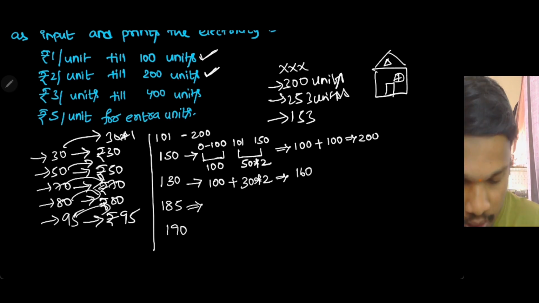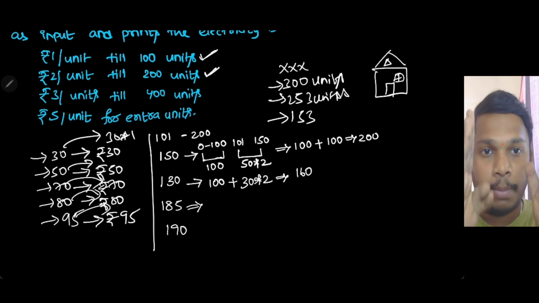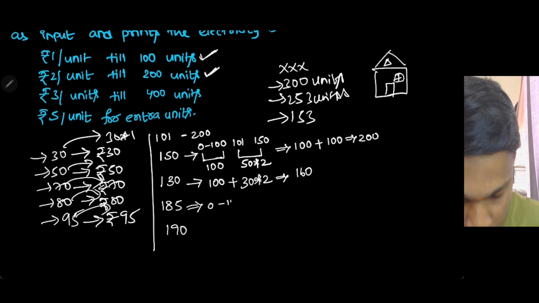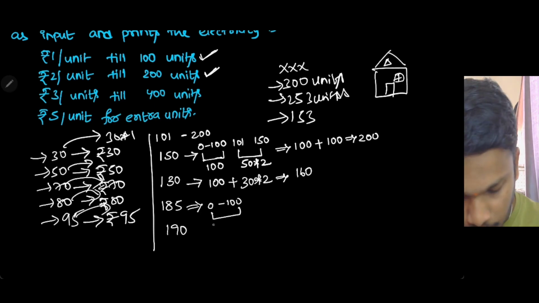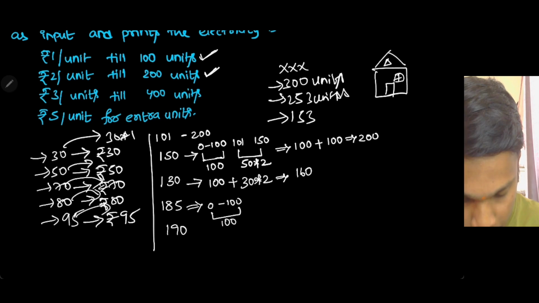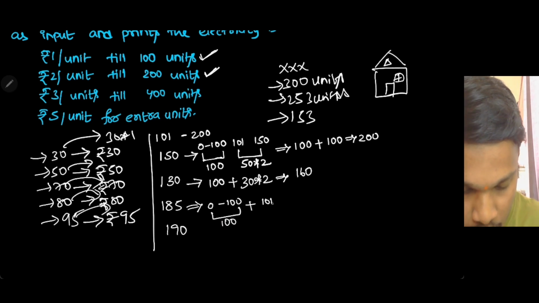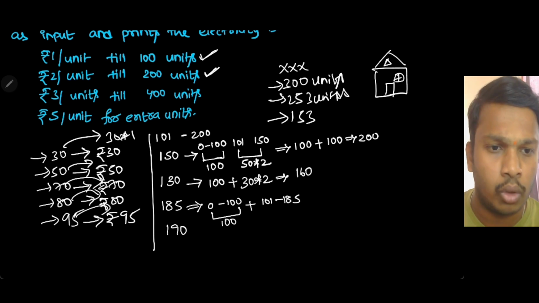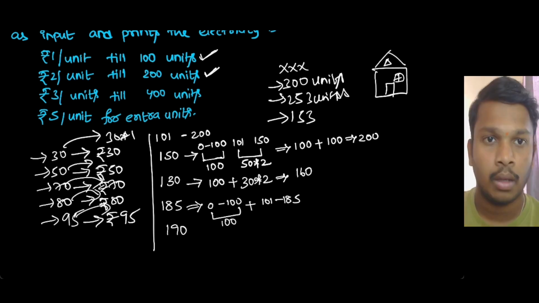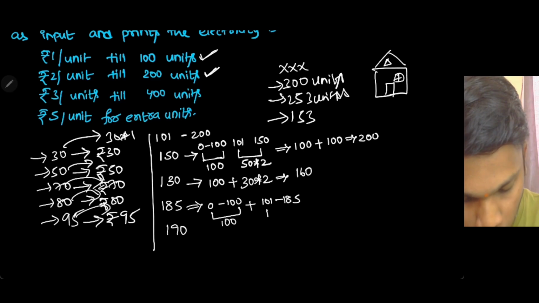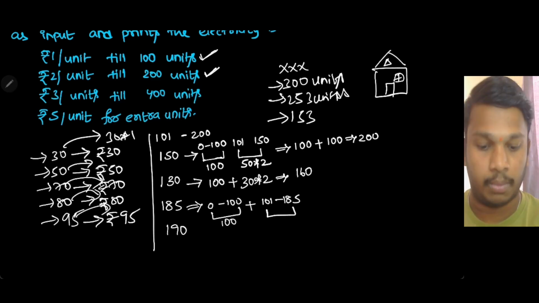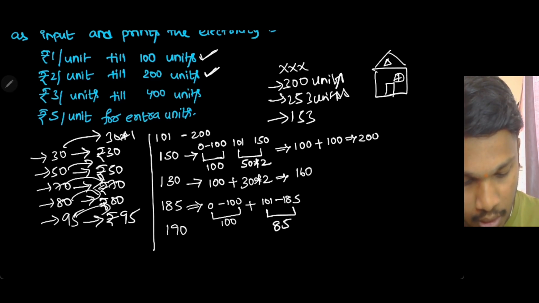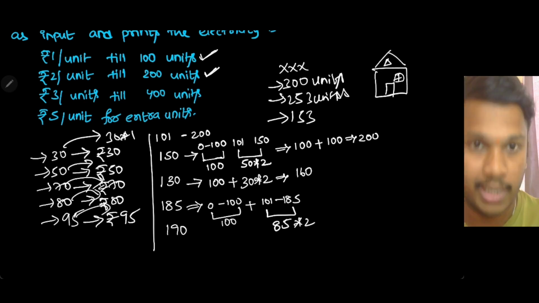Now the third case. For the first 100 units, 0 to 100 units, he will pay 100 rupees, plus 101 to 185. Now for these remaining 101 to 185 units, 85 units, we need to pay 2 rupees each, correct?